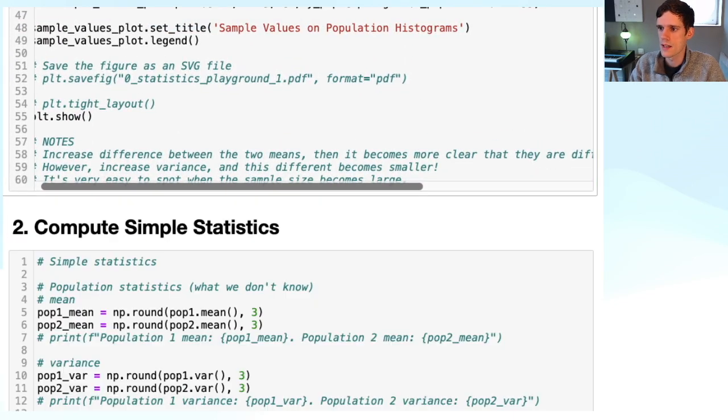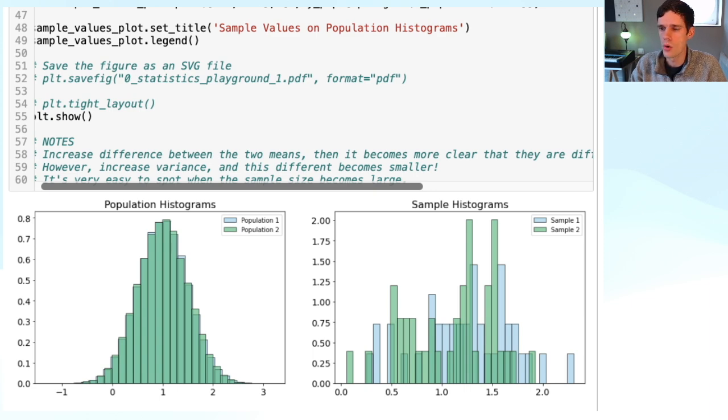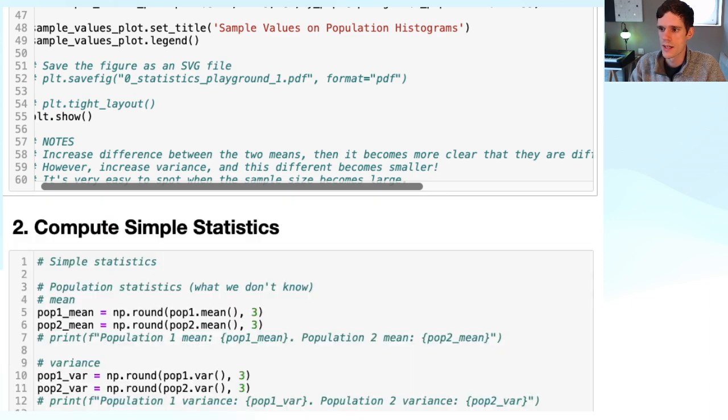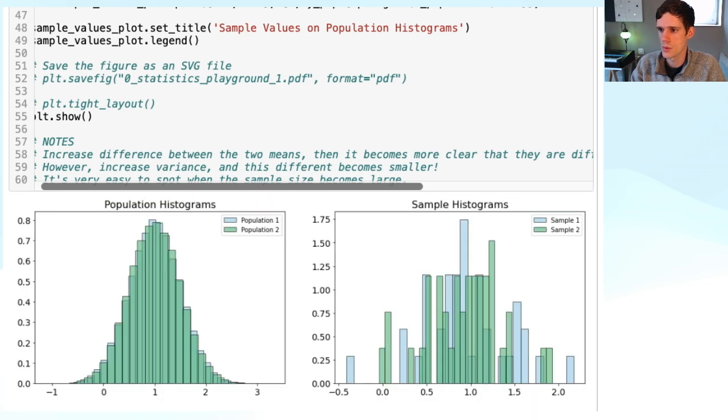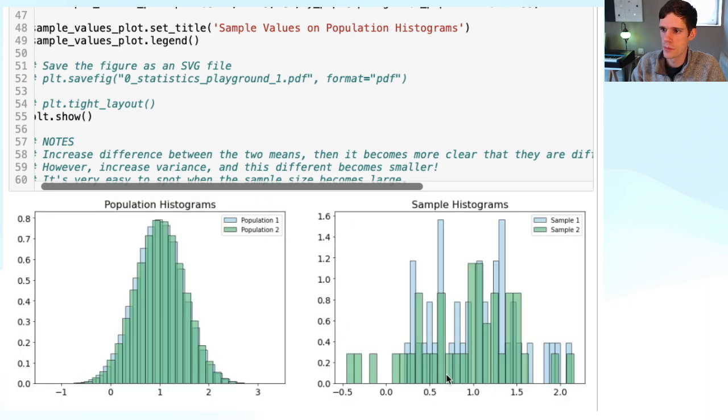But it could be the case, if we just run this cell over and over again to get different samples, that we get a sample for which it is likely that we were to conclude that these distributions are in fact different from each other. For this pair of samples, for instance, we might conclude that the green sample is much more skewed to the left-hand side, even though we see from their populations that they are exactly identical.